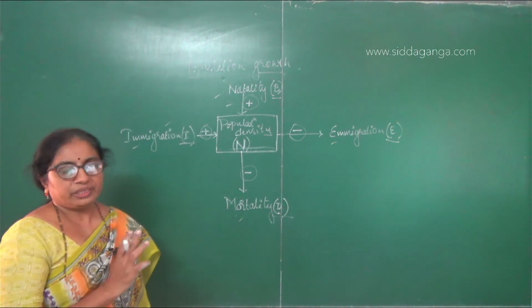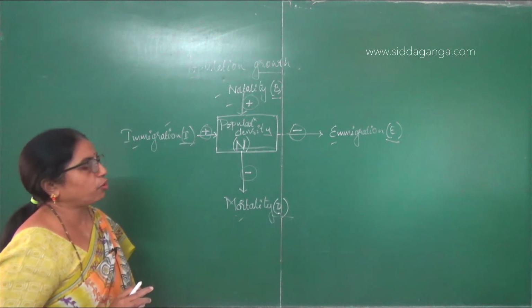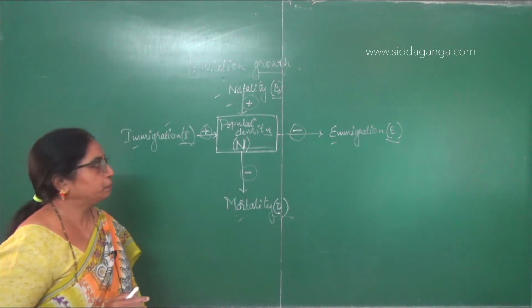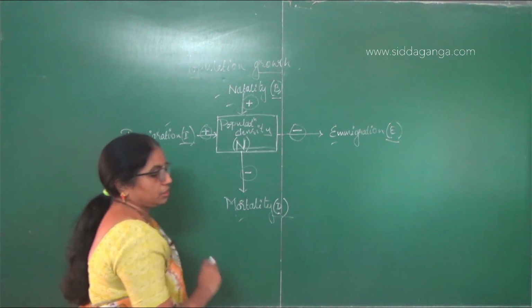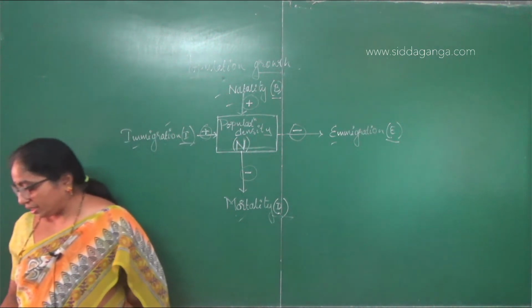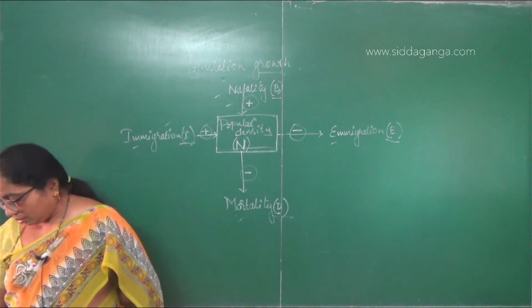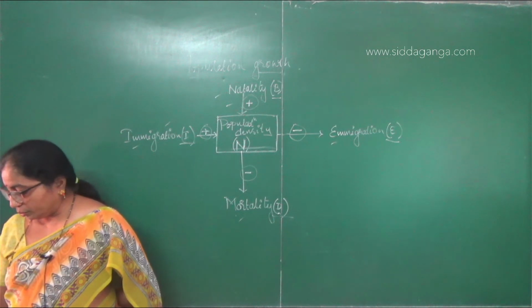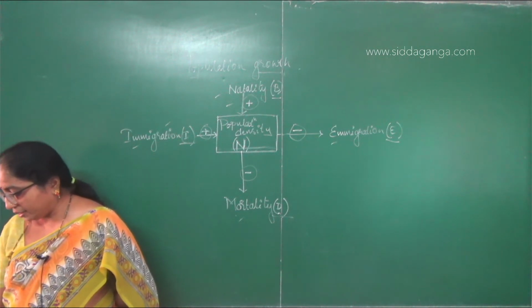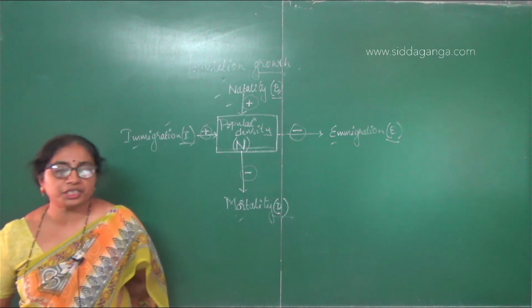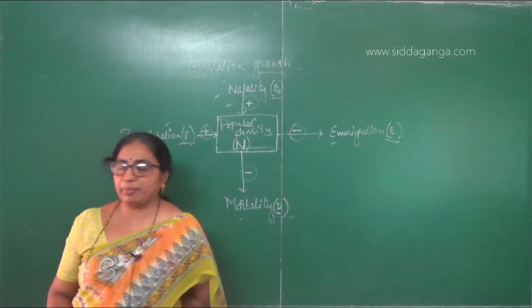So remember this representation, very important from exam point of view, right? So this is how the population density alters with the basic forces like natality, mortality, immigration and emigration.